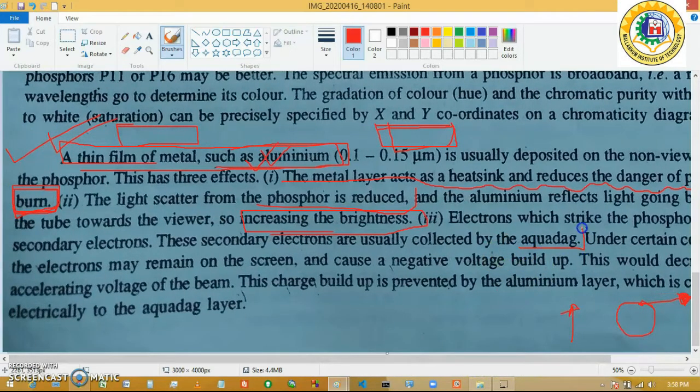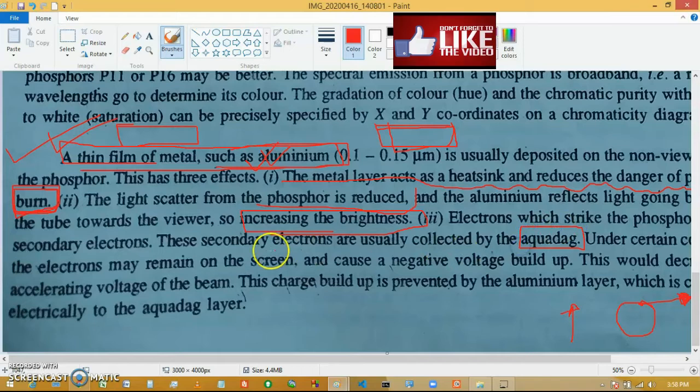What is aquadag? I will tell you later. But first of all, you know that an electron beam moving at a very fast rate is generated from the cathode or the heater, and then it strikes the phosphorus skin. There are different types of phosphorus atoms there, and whenever an electron strikes the phosphorus skin, their energy level increases.